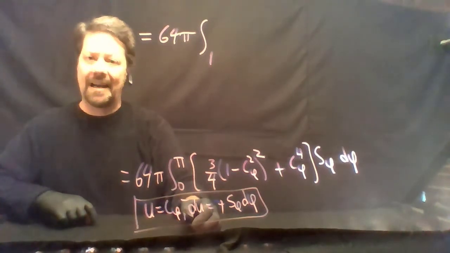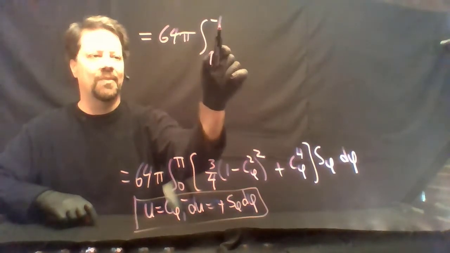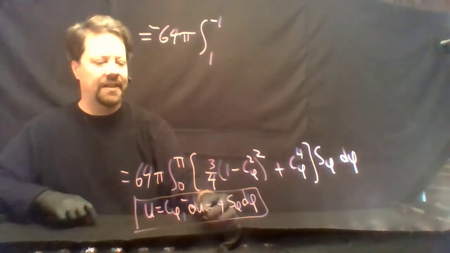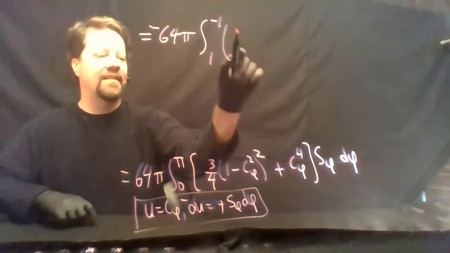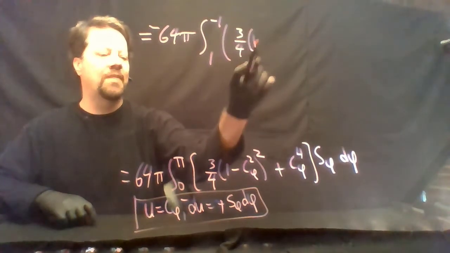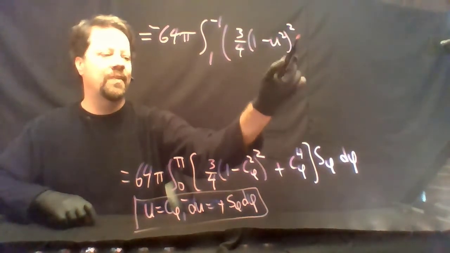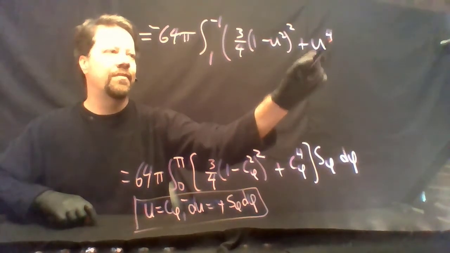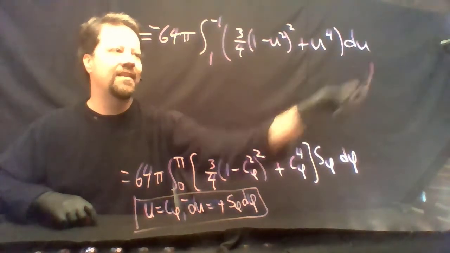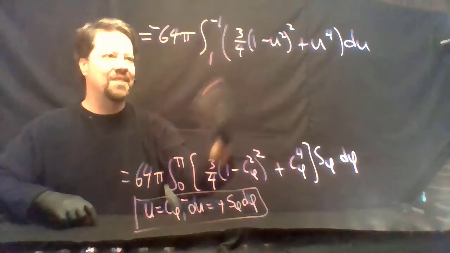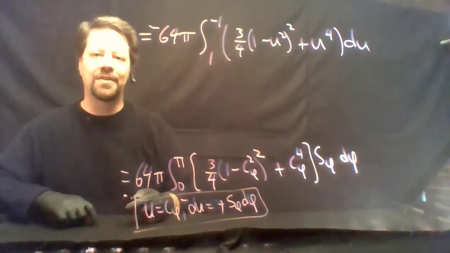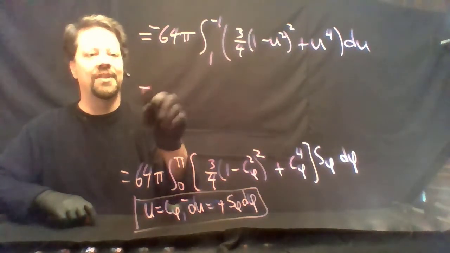When phi is pi, cosine of pi is minus 1. We will get this minus. The integrand will be 3/4 times (1 minus u squared) squared plus u to the fourth, all times du. We just need to multiply things out. We'll also reverse the order of the limits of integration.